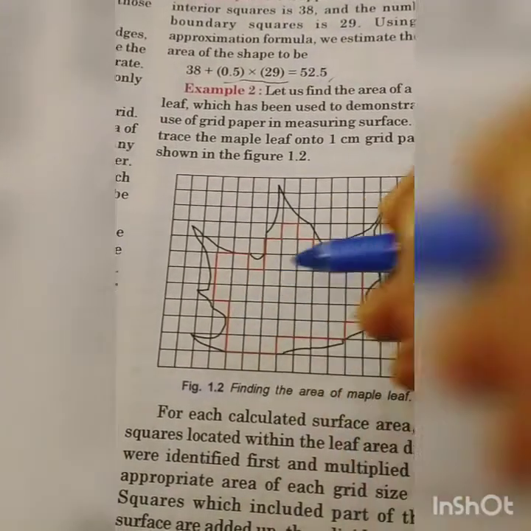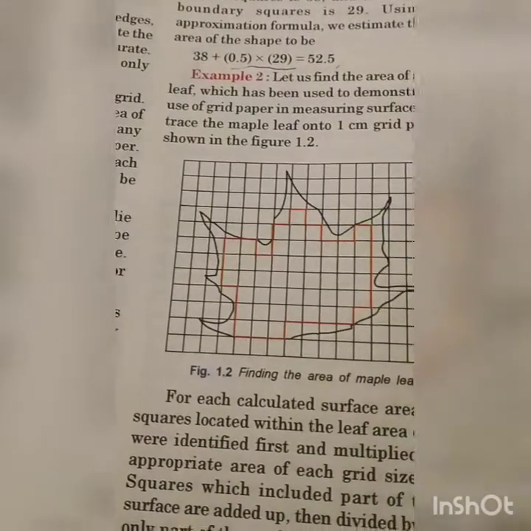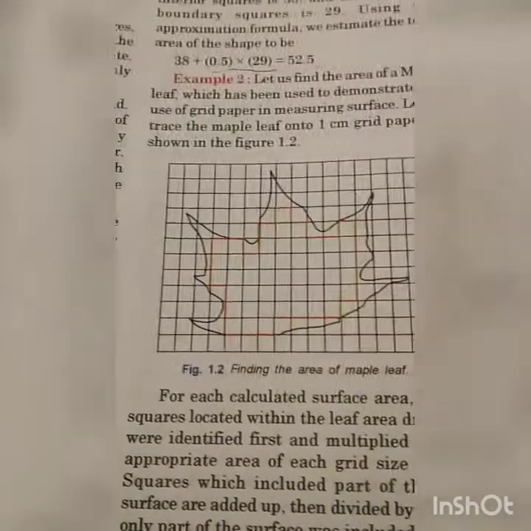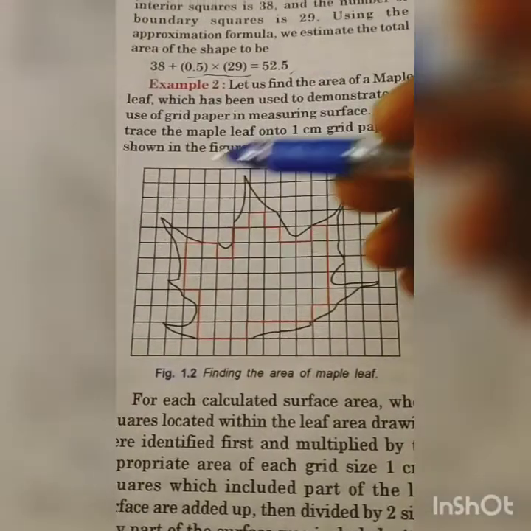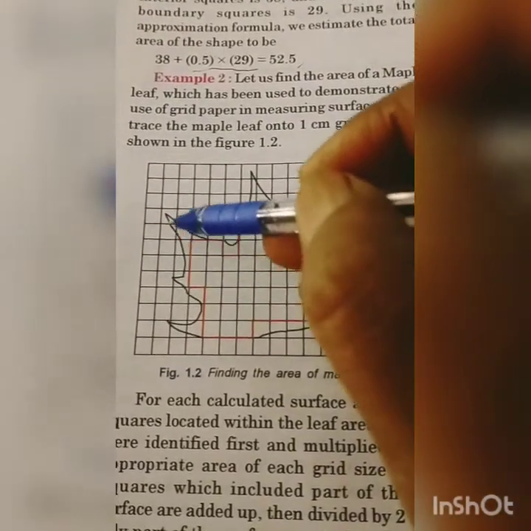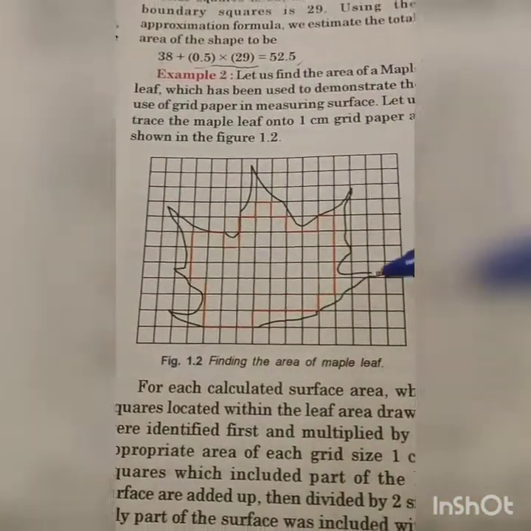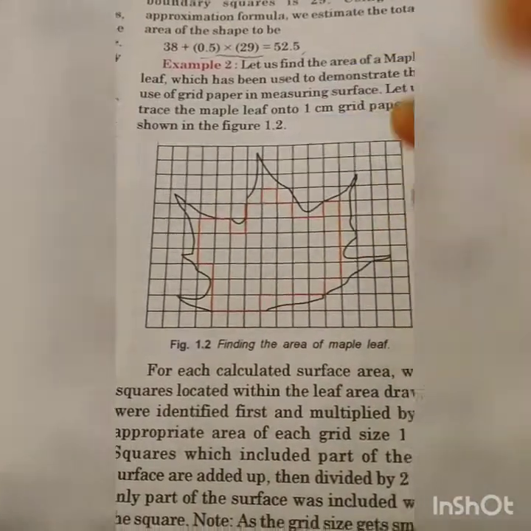So as many squares as there are, that many centimeter square. Now the squares which contain the boundary line, count them again, and divide by 2 or multiply by 0.5, that is the same.